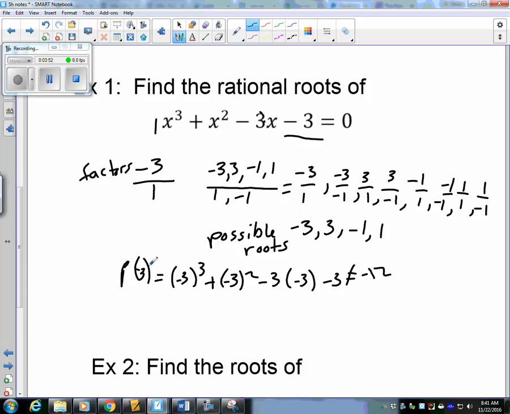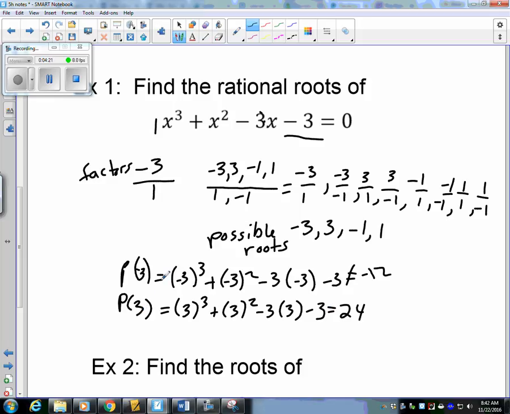So let's test 3. 3^3 + 3^2 - 3 times 3 - 3. 3^3 is 27 plus 9 is 36 minus 9 is 27 minus 3 is 24. So this equals 24. That is not a root either. It has to equal 0.